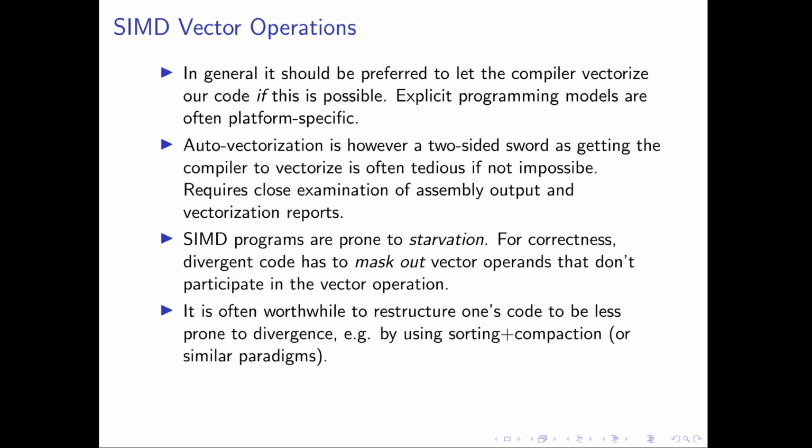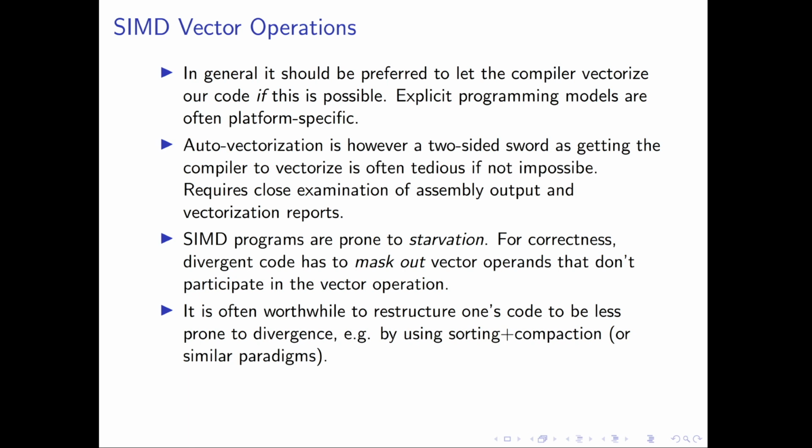And with that, we obviously also reduce the effectiveness of the operations, as we're now using a 128-bit SIMD register, but we're effectively only using 96 bits of those registers, right? And in the extreme case, we end up with SIMD registers with a SIMD width of, say, 4, where only one of the data items in the SIMD vector is actually participating in the operation. And therefore, SIMD programs are very much prone to starvation.